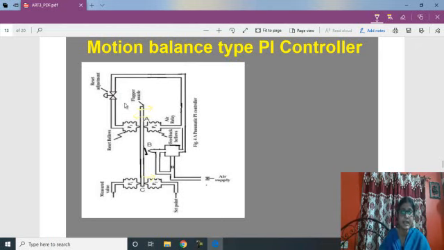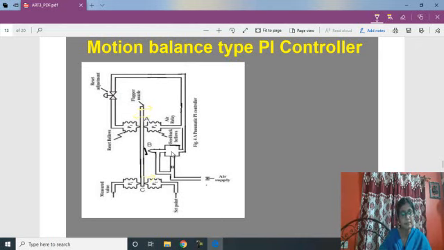Now when the pressure at this bellows element increases, the motion beam at point A will move towards right. At that time C will act as a pivot, and B will again move towards nozzle direction. Then what will happen? The nozzle feedback pressure will rise.